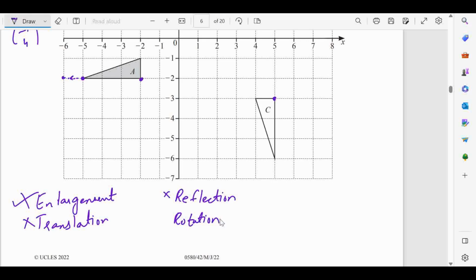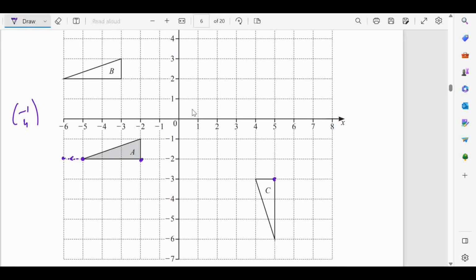For rotation we need to see whether it is rotated clockwise or anti-clockwise. We have three types of rotation: 90-degree clockwise, 90-degree anti-clockwise, and 180 degrees. So from here we can see that it is the rotation where the object is rotated 90-degree anti-clockwise.